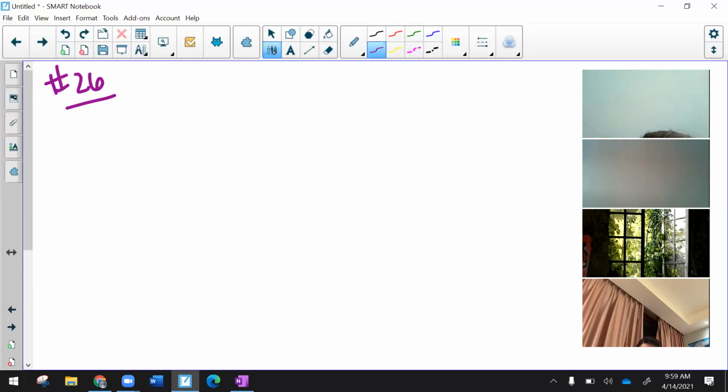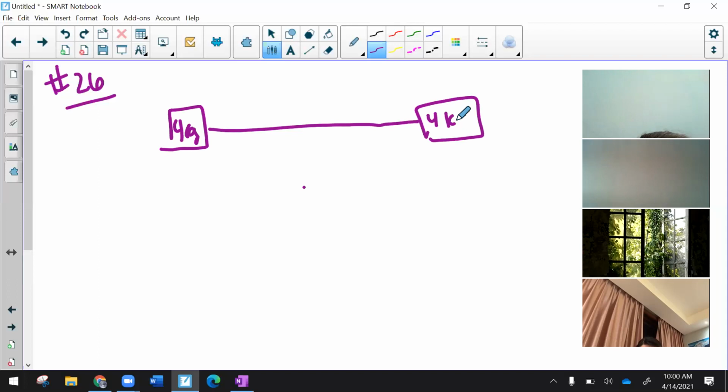So what I can do is take this system that has my rope and my two masses, and I can just pull those masses up. So effectively my picture is my 4-kilogram mass over here and my 4-kilogram mass over there.